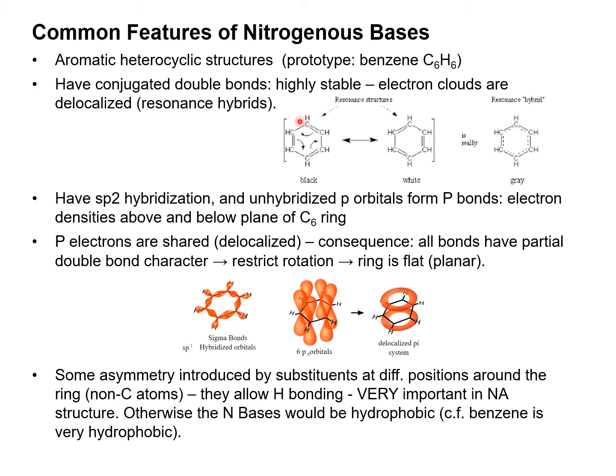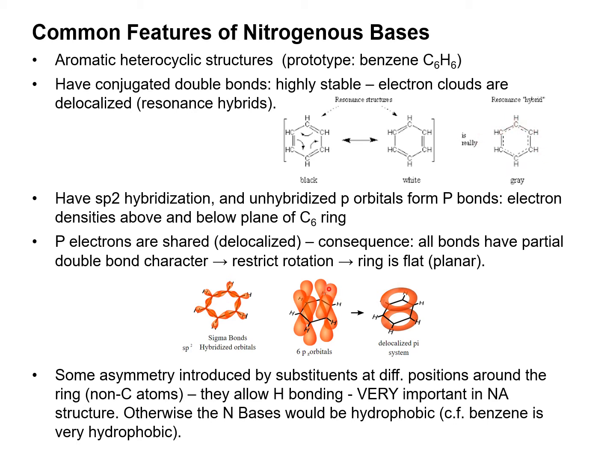And each carbon on these nitrogenous bases has sp2 hybridization, and the unhybridized p orbitals form the pi bonds, as you can see here, and that gives electron density especially above and below the plane of this 6-carbon ring, and that is basically delocalized again, giving this special feature as a resonance hybrid.